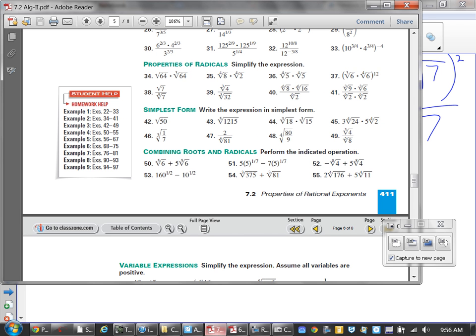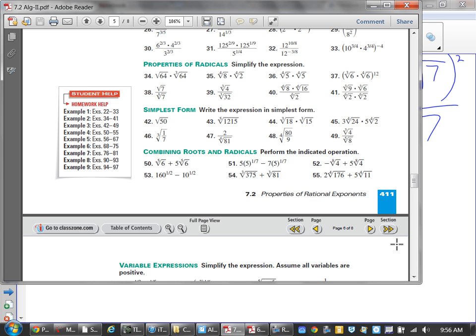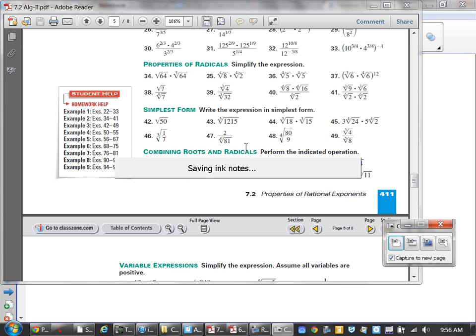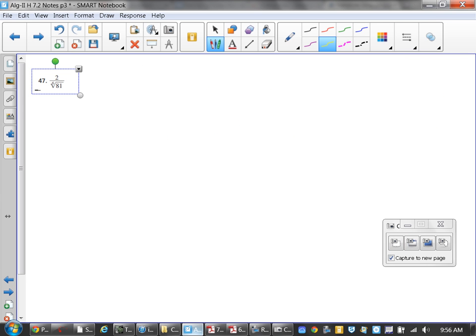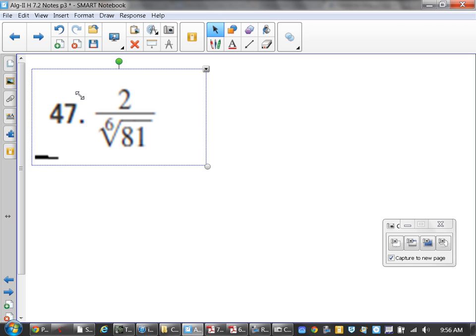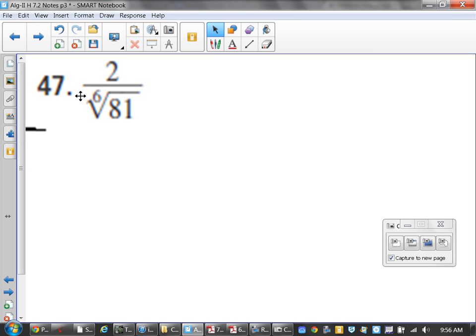Show you another one. Is that one clean? 47. 2/3. So we're going to rewrite it again. I know that 81 can be rewritten with an exponent.